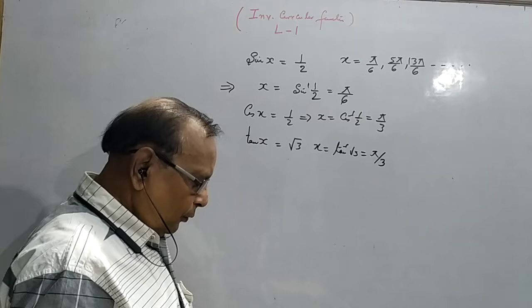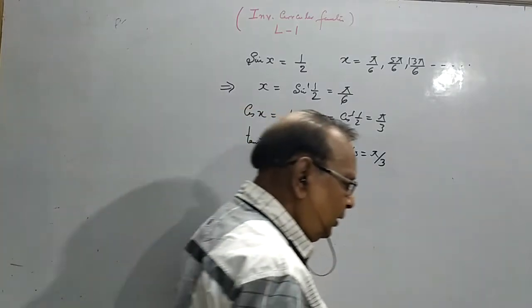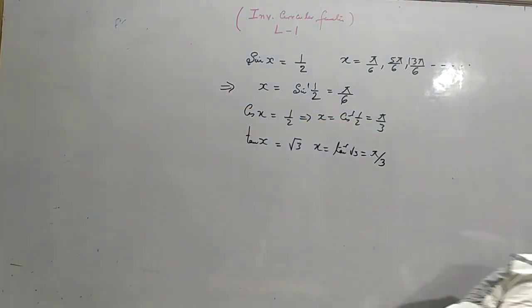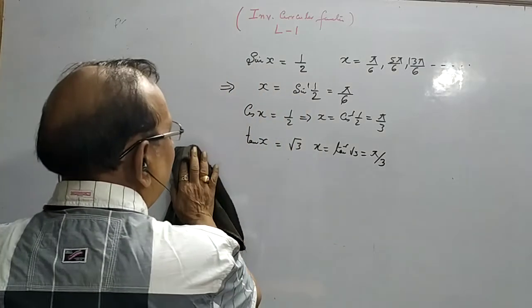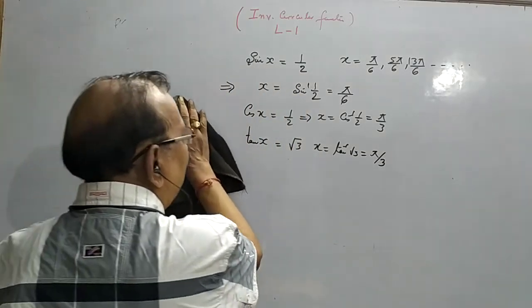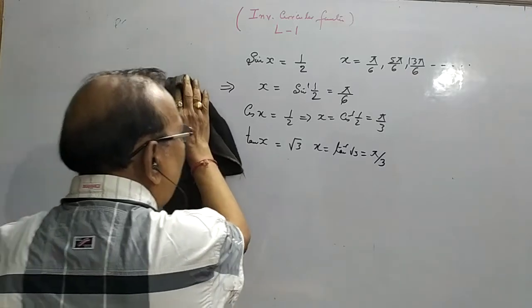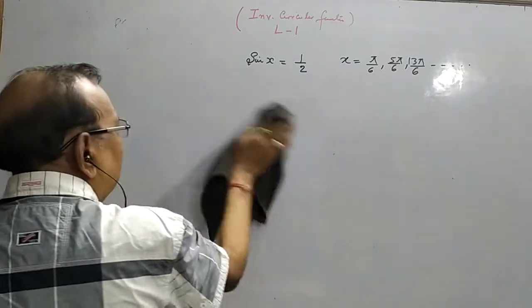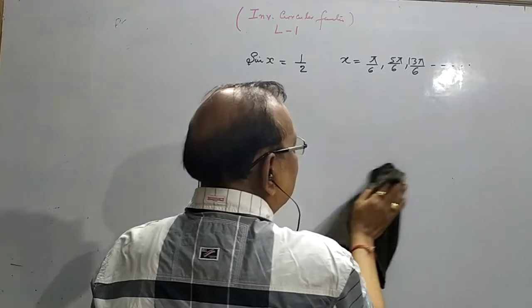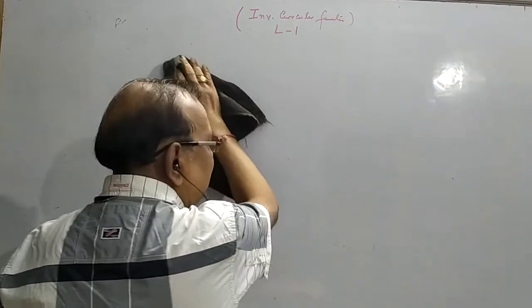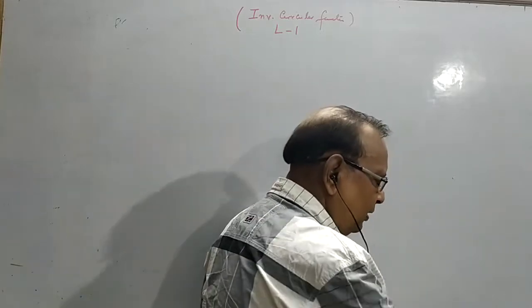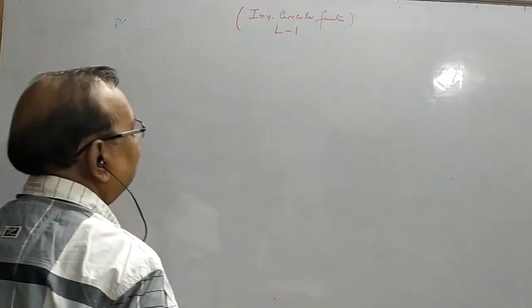Now, for negative values, x may lie either in the fourth quadrant or the second quadrant. That is being described as follows.